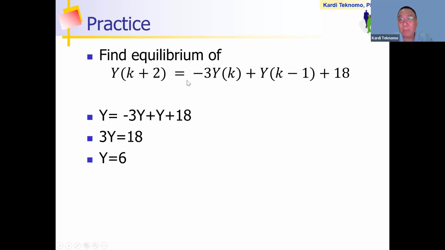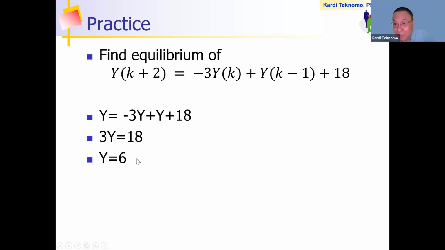Everything with y_k plus something, you replace with y. So y_{k+2} becomes y, minus 3 y_k becomes y again, y_{k-1} is y, and then plus 18 is there. Then you solve algebraically: y plus 3y minus y, so 3y equals 18, so y equals 6. This is the equilibrium value.